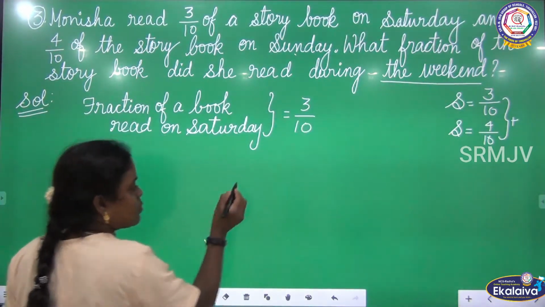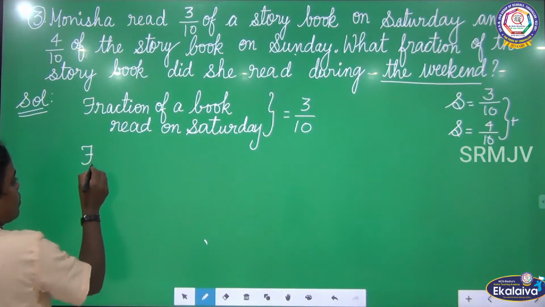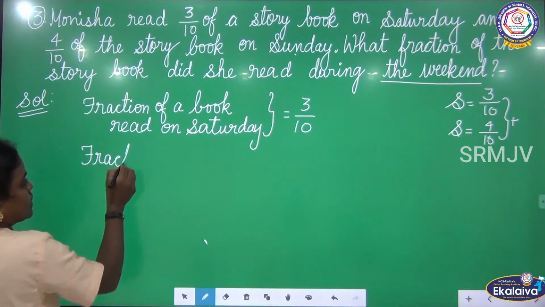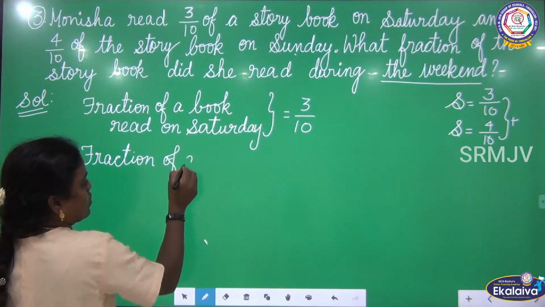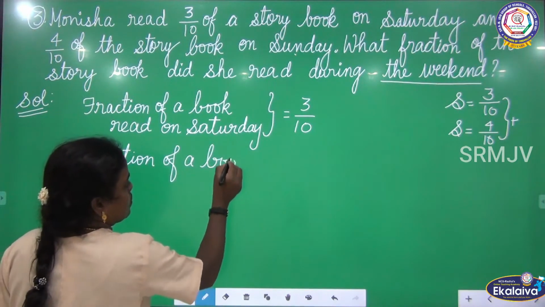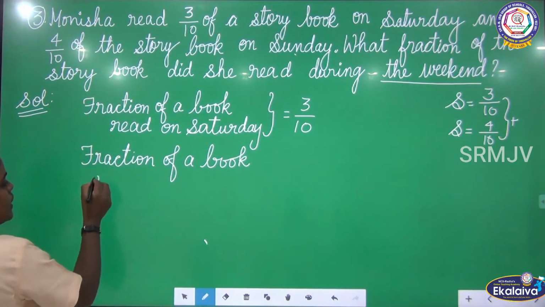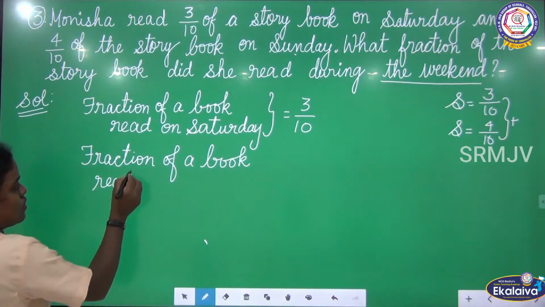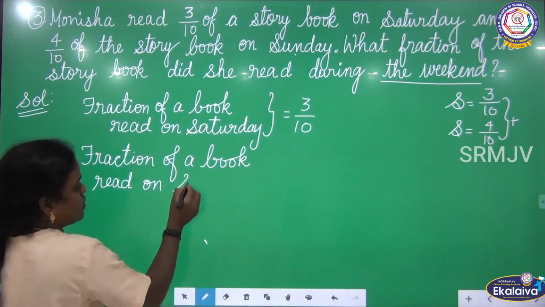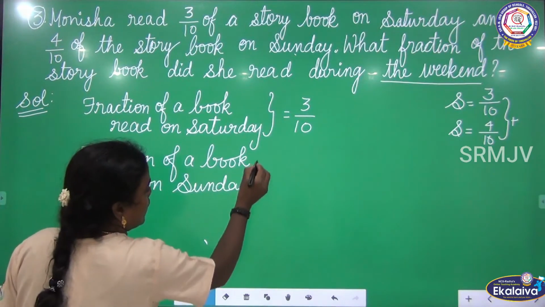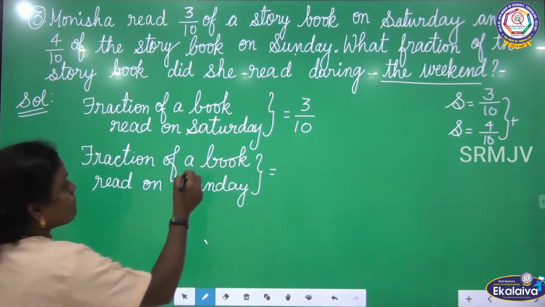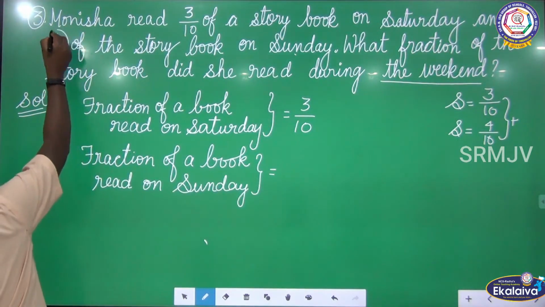The next statement is fraction of a book read on Sunday. So how much did she read on Sunday? It is 4/10.